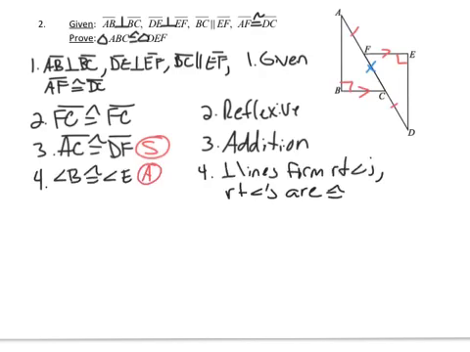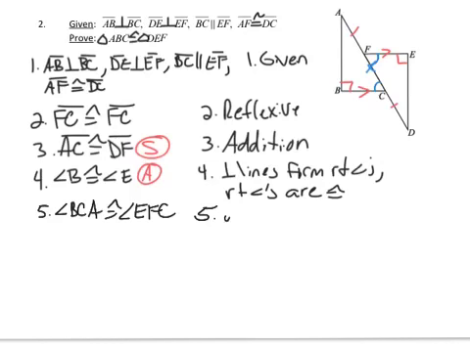The last thing I have is the fact that we have parallel lines. So when you are given parallel lines, look for an angle. And if you can see, here's my Z. So what that tells me is I have alternate interior angles, and they are going to be congruent. So I can say angle BCA is congruent to angle EFC.